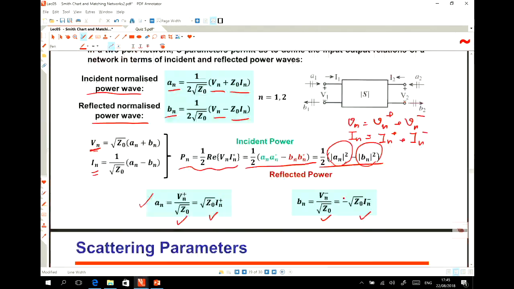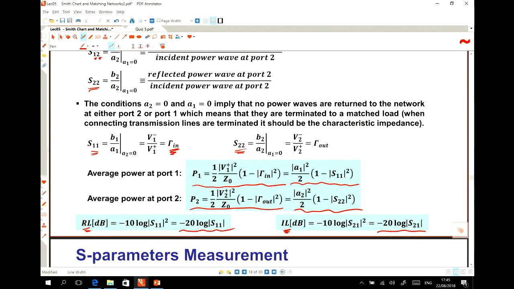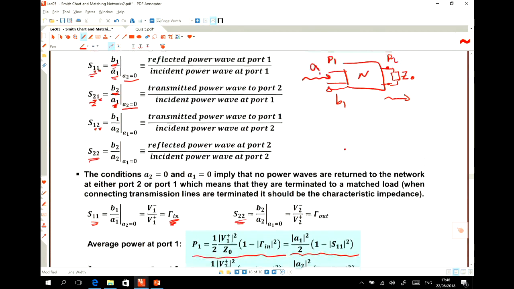What I just mentioned here is that the S11 and S22 show the amount of power that we send at port 1 or port 2, and then we receive at port 1 and port 2. And then I said that the return loss is this value, and the insertion loss is this value.